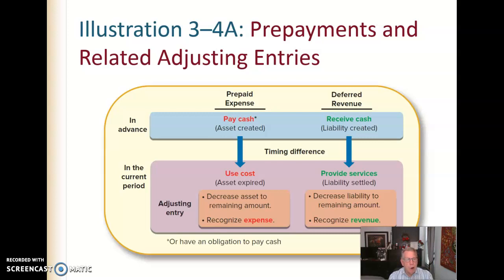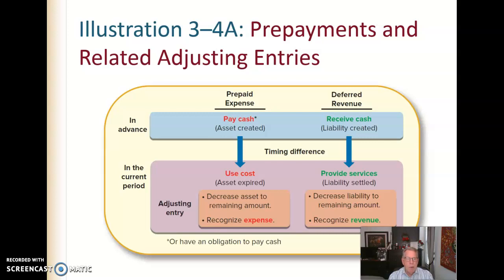Now for deferred or unearned revenue, we receive that cash in advance, and we create a liability called unearned or deferred revenue on the balance sheet as a liability.